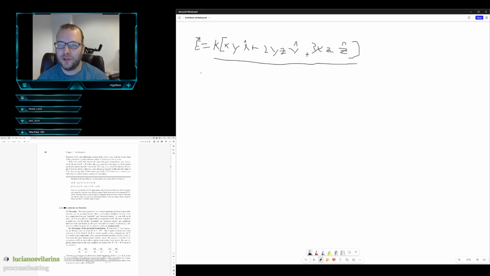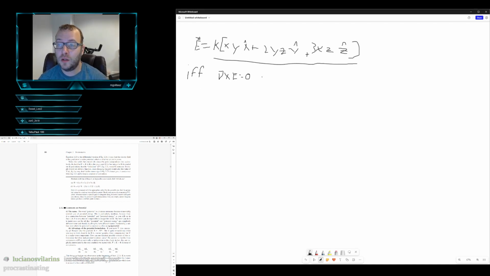So first thing we want to do is see if this is valid. And this is valid if del cross E equals 0. So let's see what del cross E is.